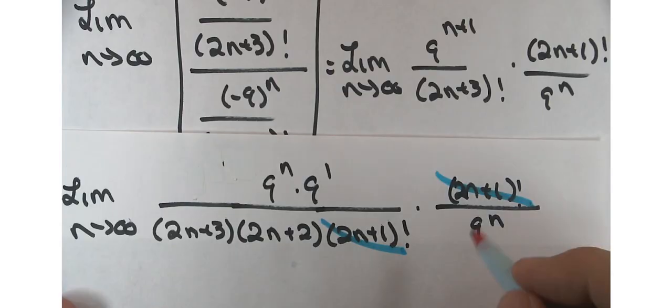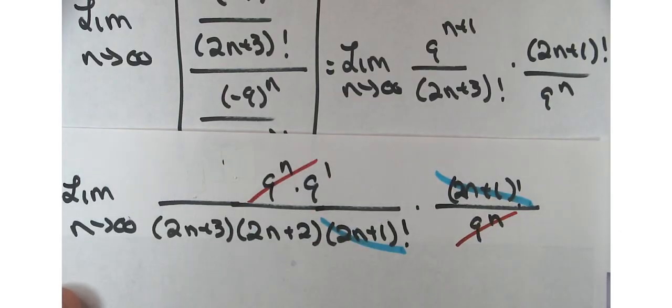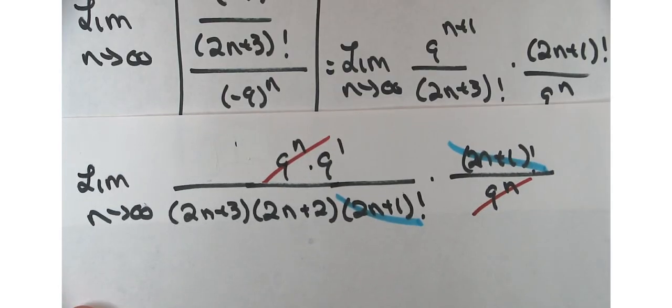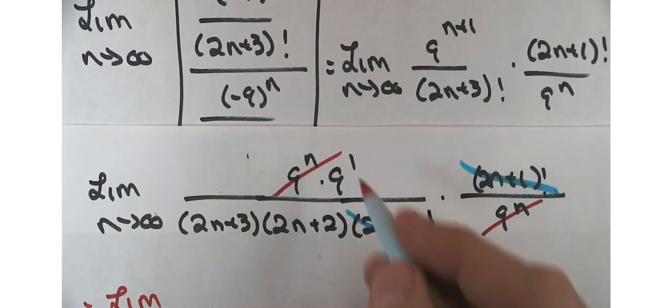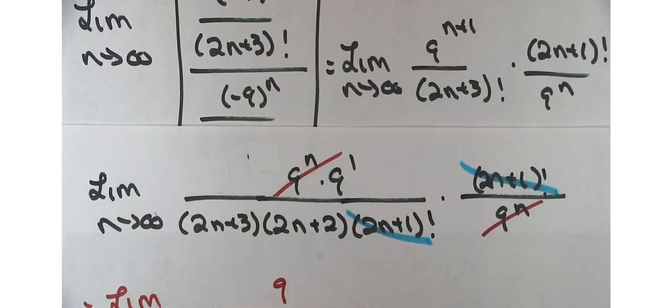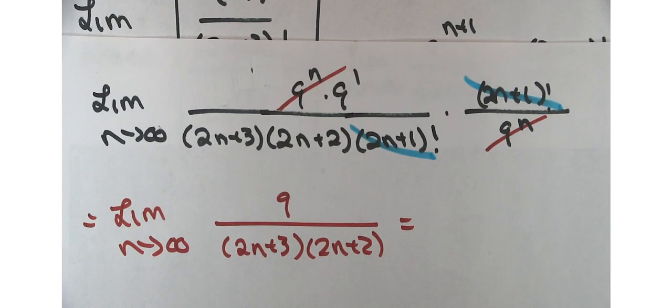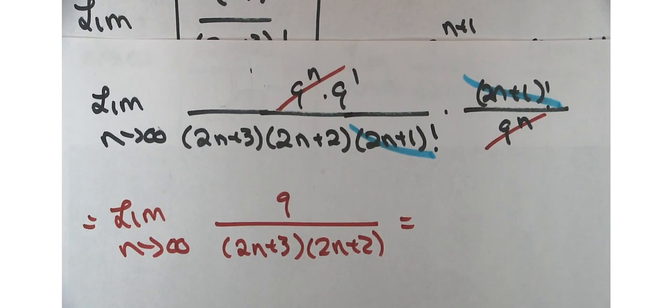So that lets me get rid of this real quickly. What's left? Well, just a 9 to the first power over 2n plus 3 times 2n plus 2. Drum roll, please. What's that limit?